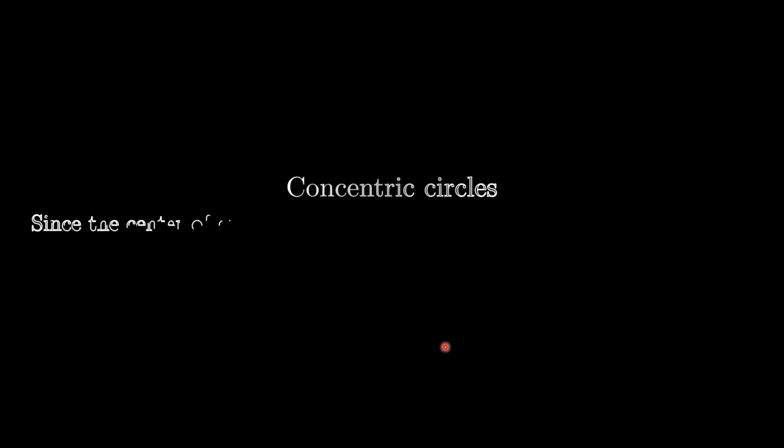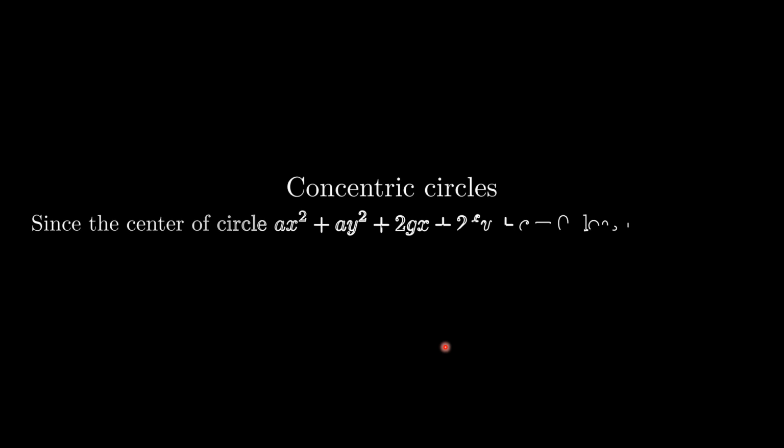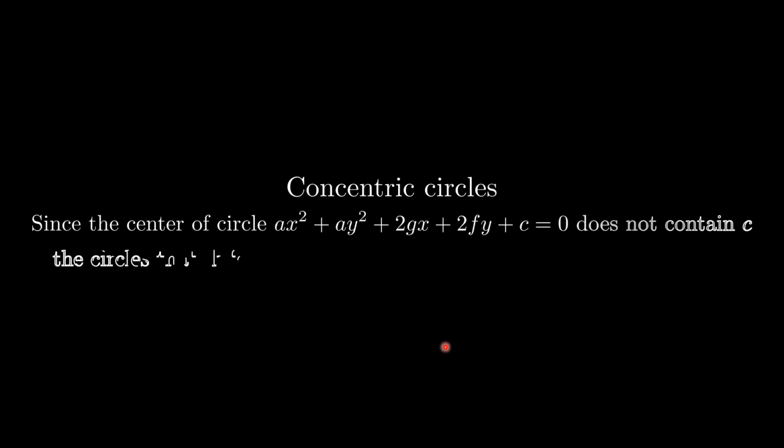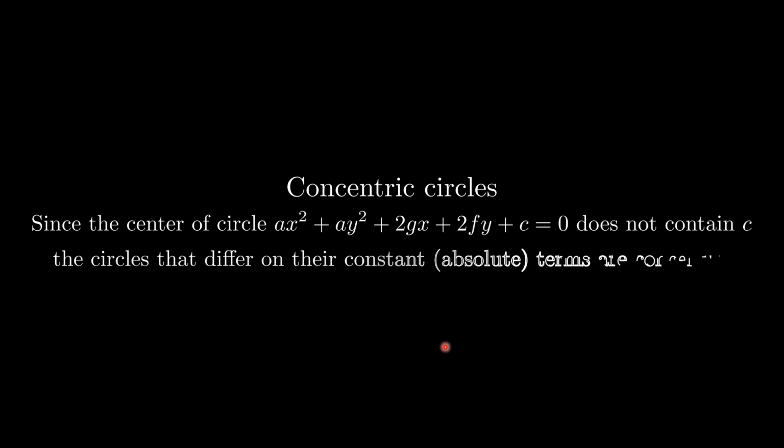So another thing that is important to note is that given the general equation of the circle, we see the c really not featuring into the coordinates of the center. So if the general equations of circles just differ by this value of c, or the absolute term, then it means that what is changing is just the radius, and so the circles are concentric.